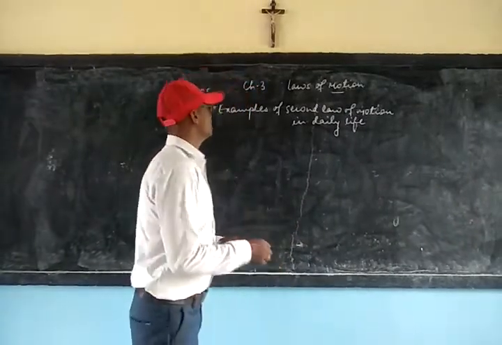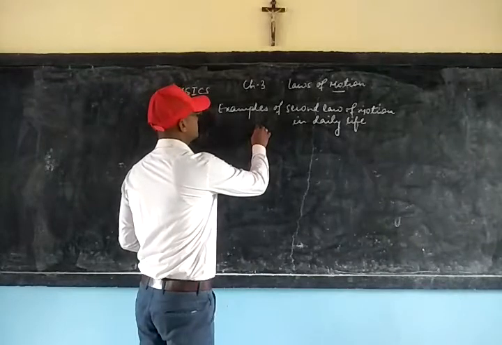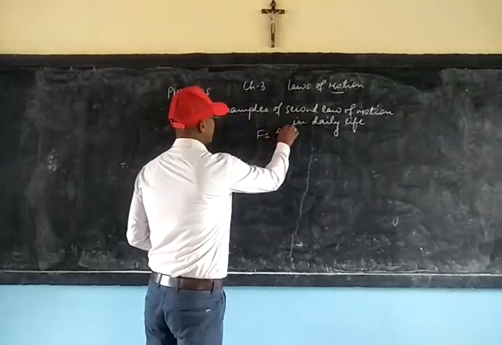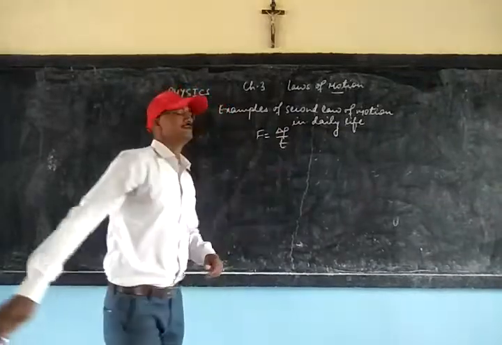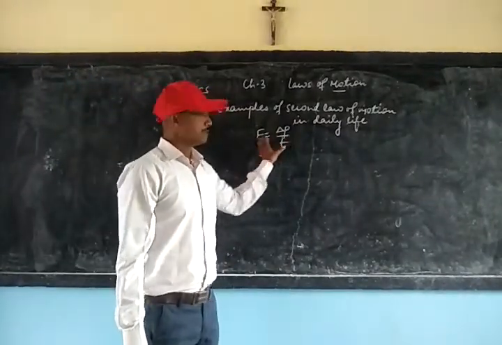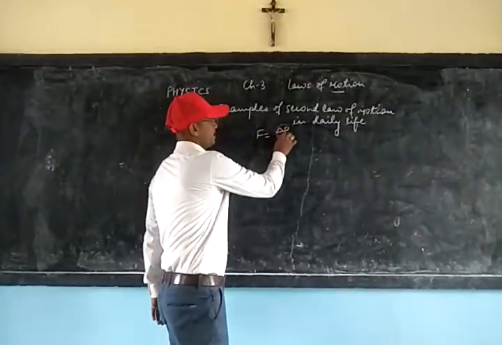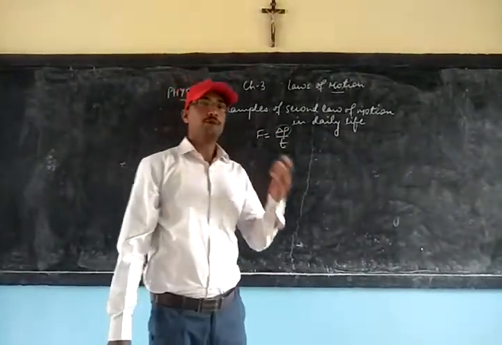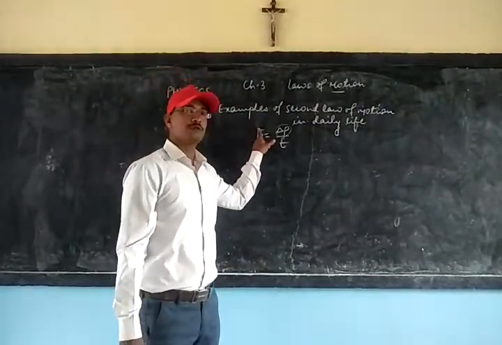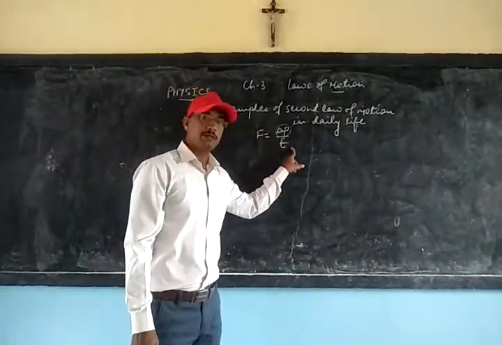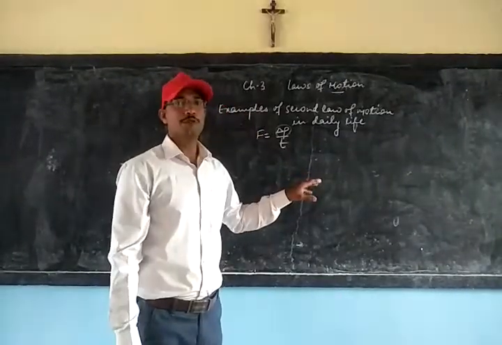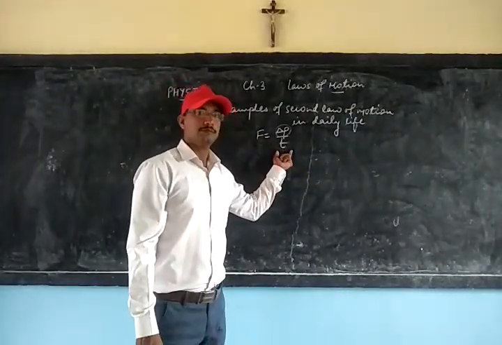As we know that F is equal to delta P by t. It means to say that change in momentum in a body can be brought about either by applying a large force for a small duration or by applying a small force for a large duration.